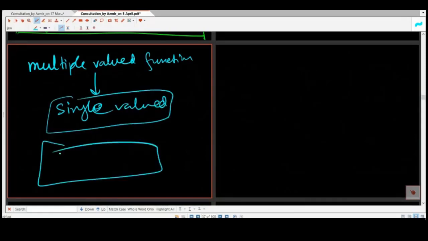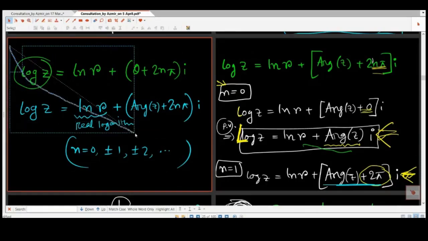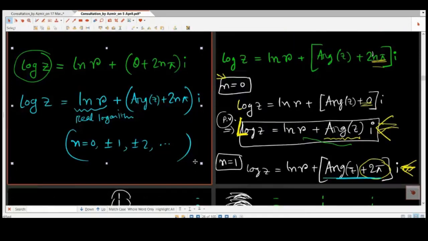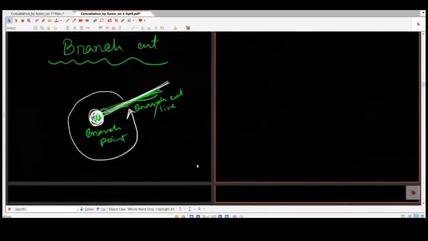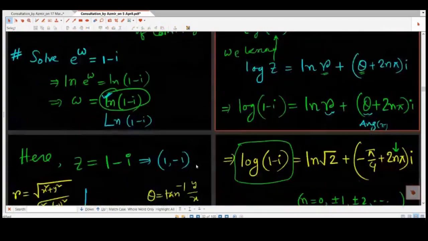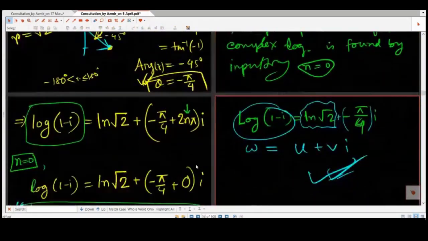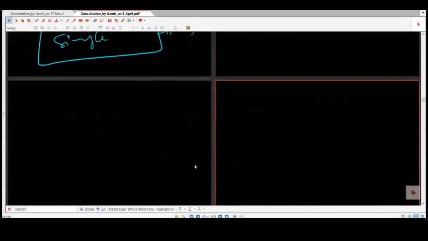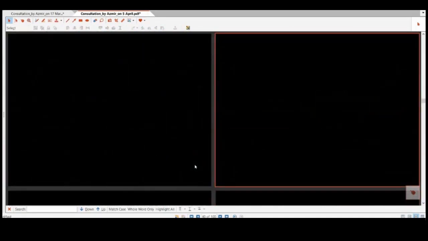So all single valued functions are analytic. So we can understand that complex logarithm is a multiple valued function. So just to make this complex logarithm analytic, we need to have any branch.